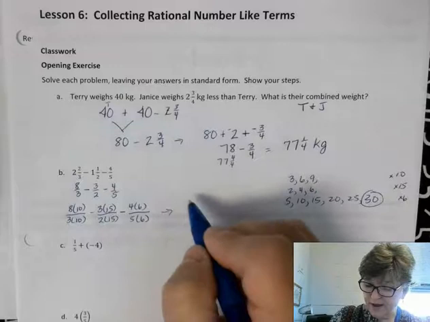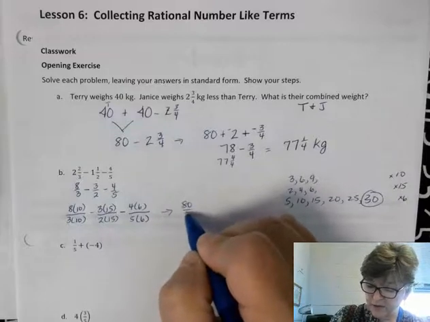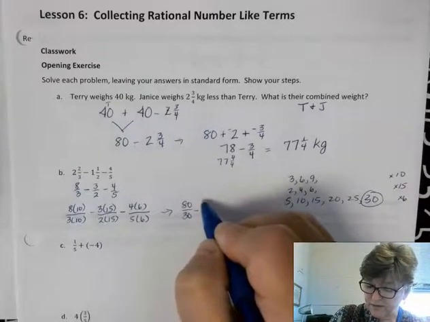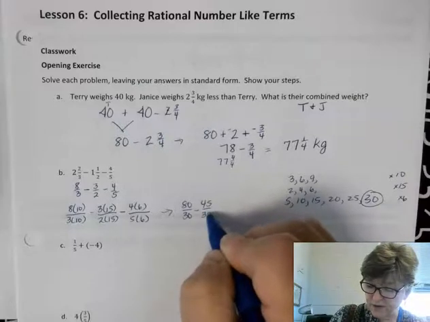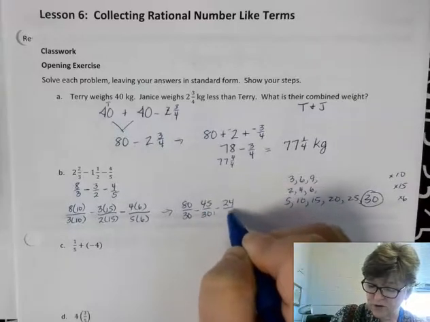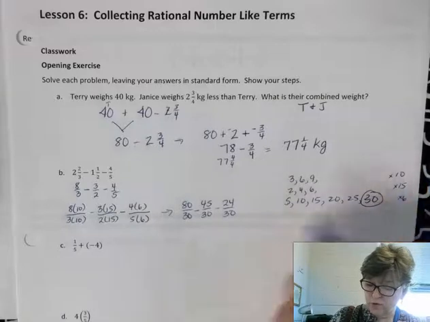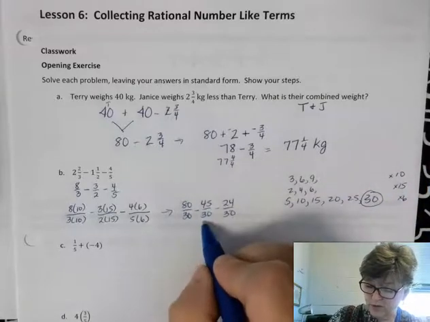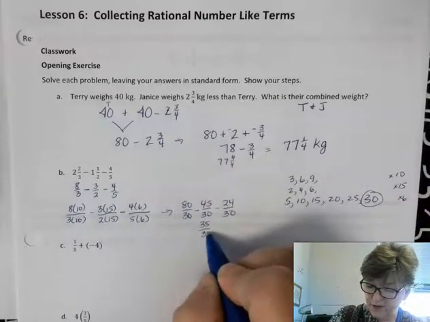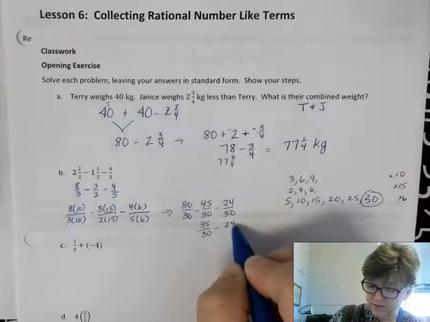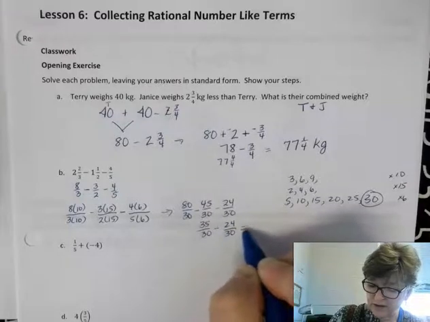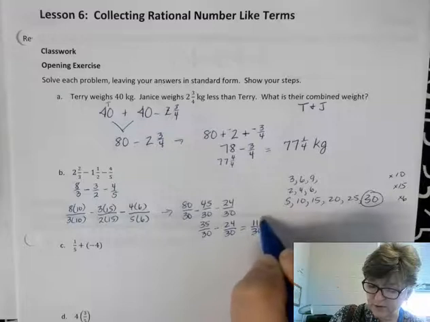So now I have 80 thirtieths minus 45 thirtieths minus 24 thirtieths, which is equal to, here, 35 thirtieths minus 24 thirtieths equals 11 thirtieths.